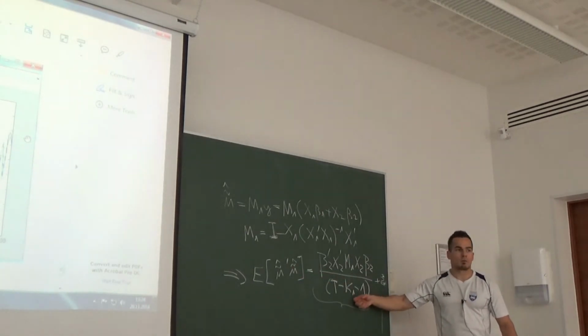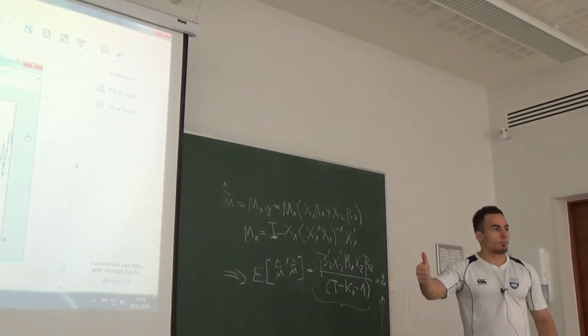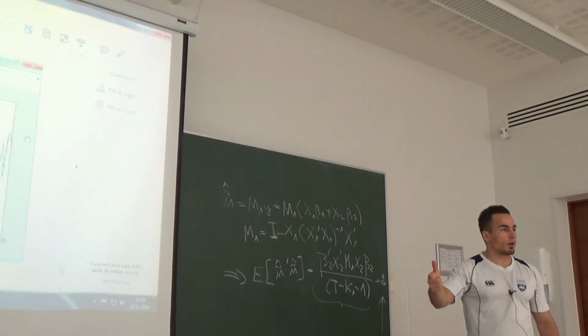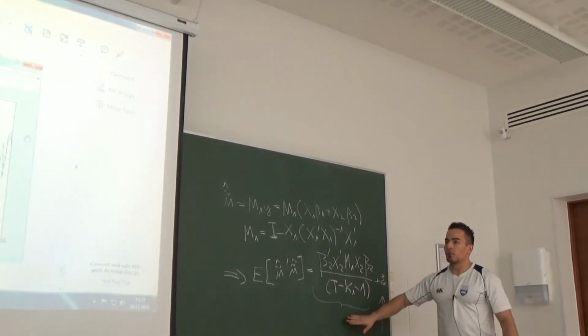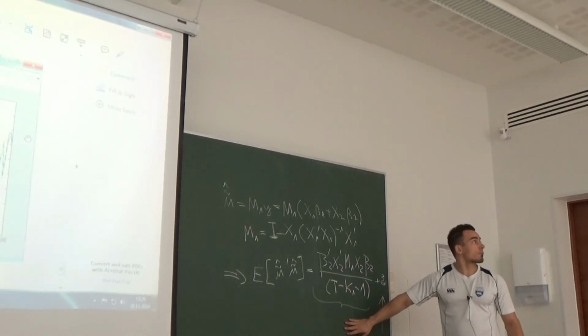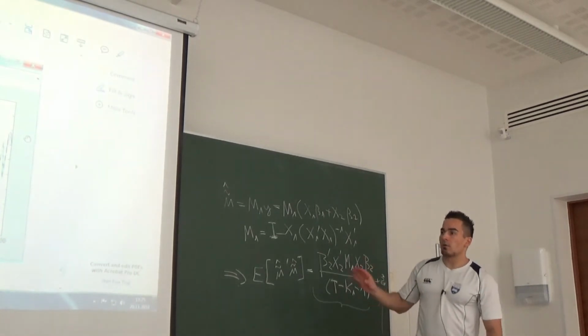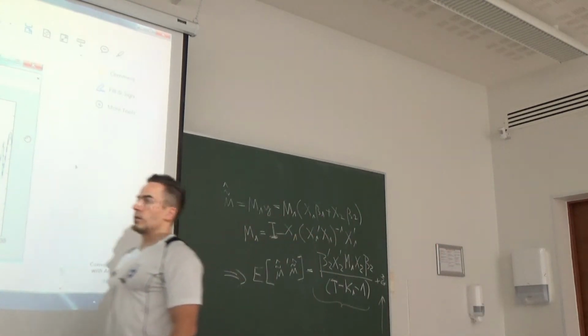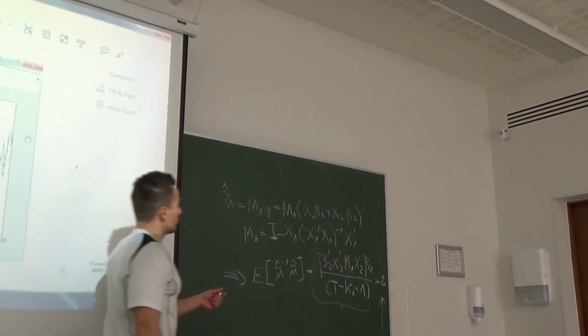It's too large. That means the point estimates are wrong. The t-statistics are wrong as well, because this guy here we need for the covariance matrix. This is what we will do next. Once we have estimated the point estimates, we want to know, are they significant?